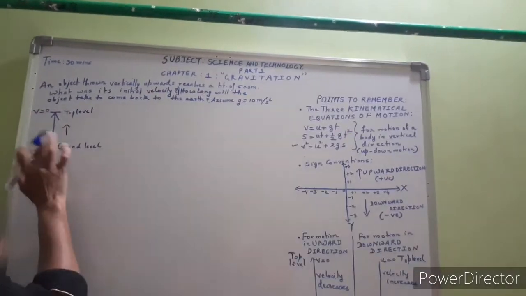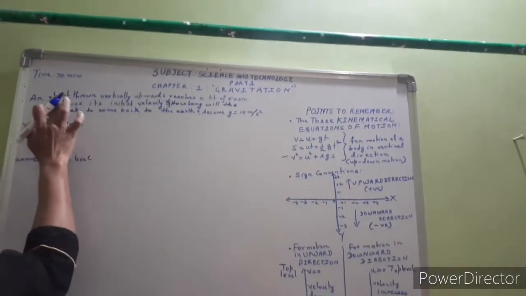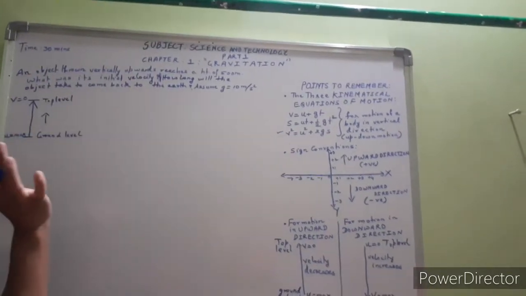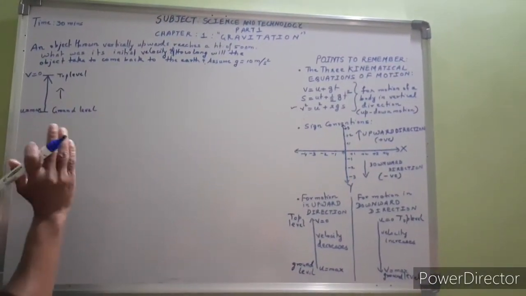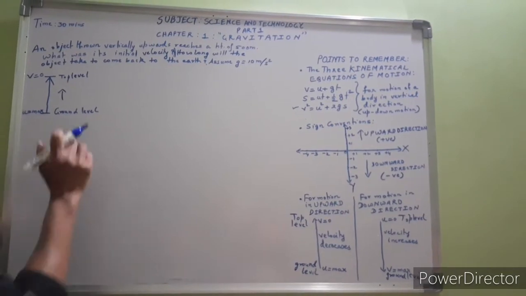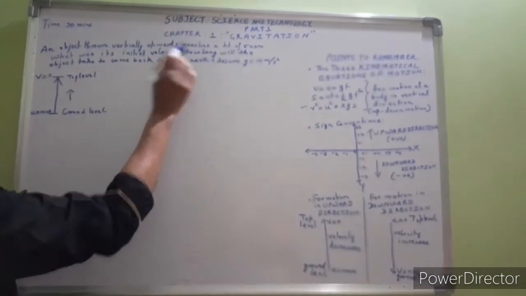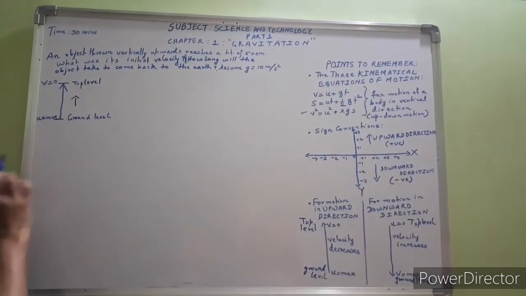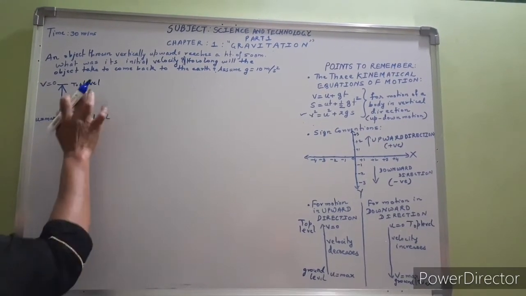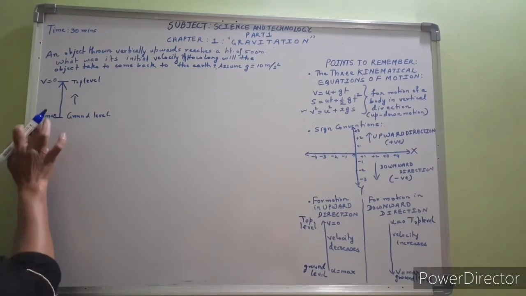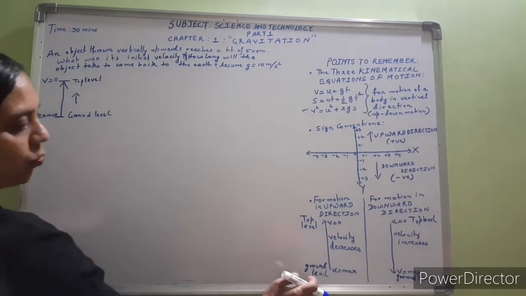Now come to the problem. An object thrown vertically upwards. Only after reading this much, we came to know that the object is going in the upward direction. So I have drawn a simple diagram here showing the two levels, ground level and top level. At the ground level, u will be maximum. This rule you have to apply.